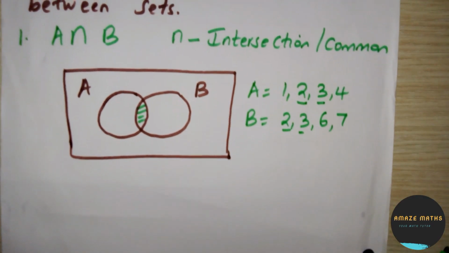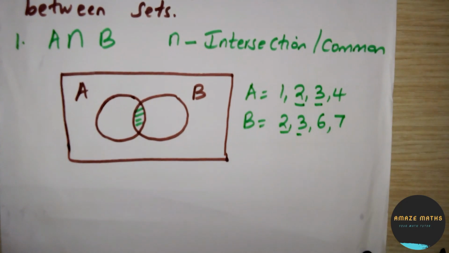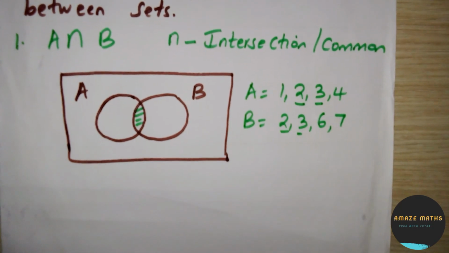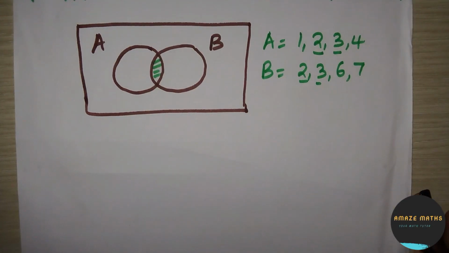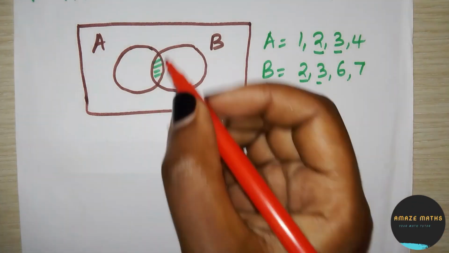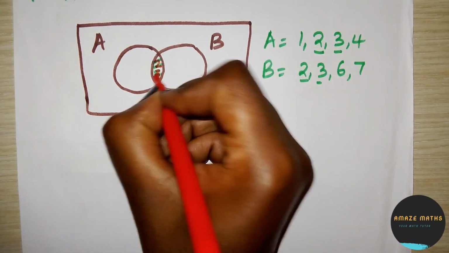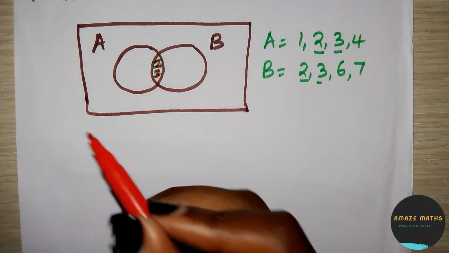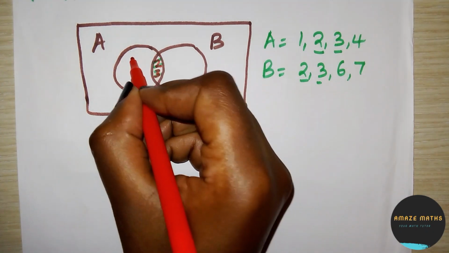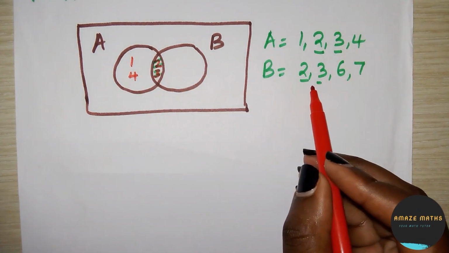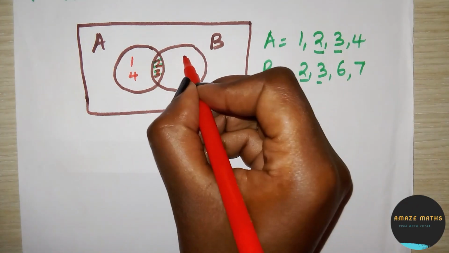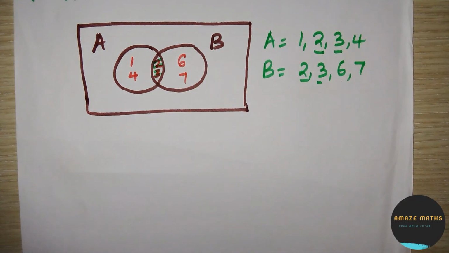That's the intersection, A intersecting with B. To expound a little more, 2 and 3 are inside there, A has 1 and 4, and B has 6 and 7.